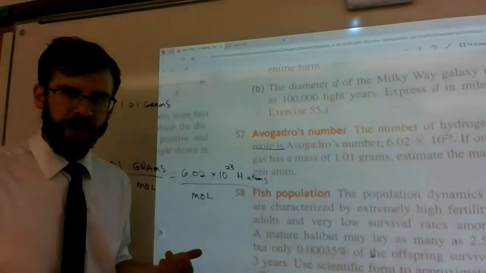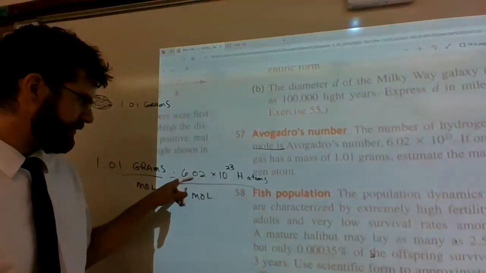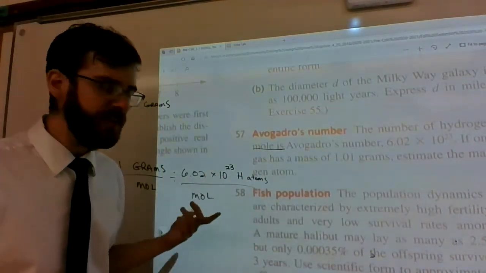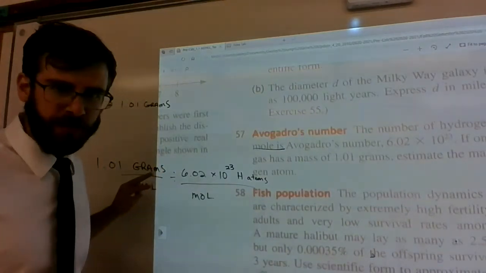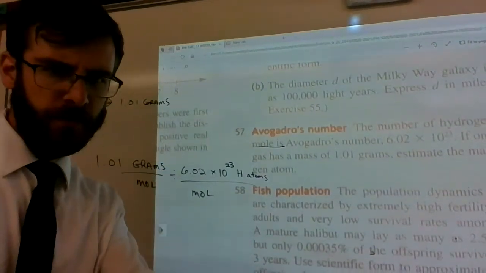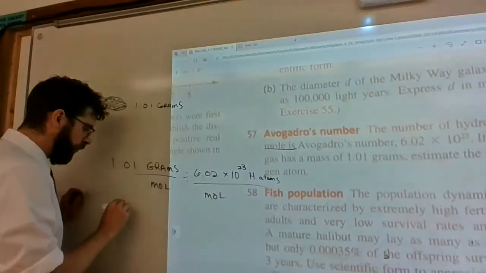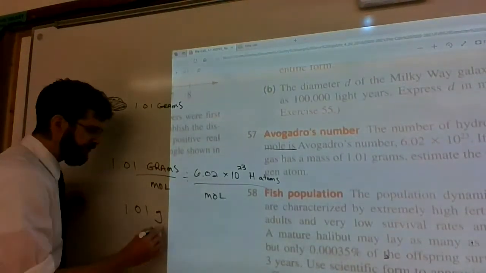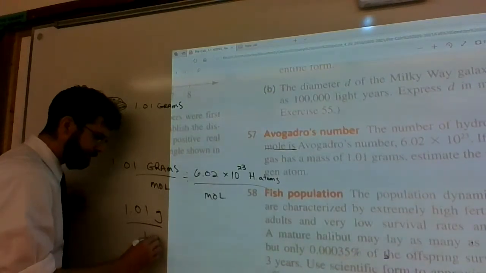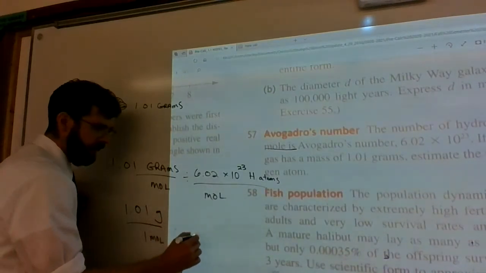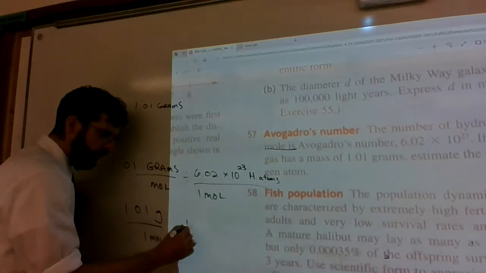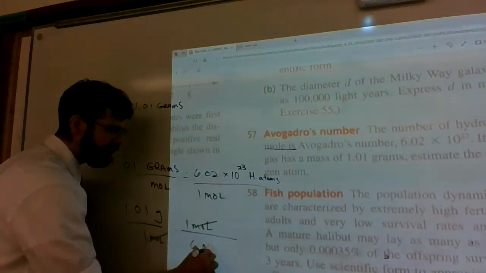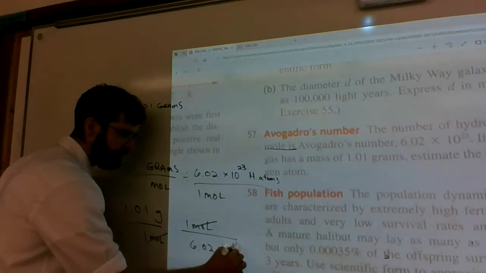We're trying to figure out what the gram is for these innumerable hydrogen atoms, which means all we got to do is flip the second and multiply. It's 1.01 grams per 1 mole times 1 mole, the moles cancel, over 6.02 times 10 to the 23 atoms.